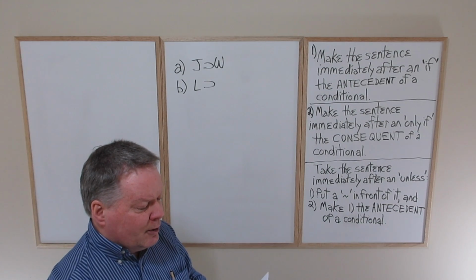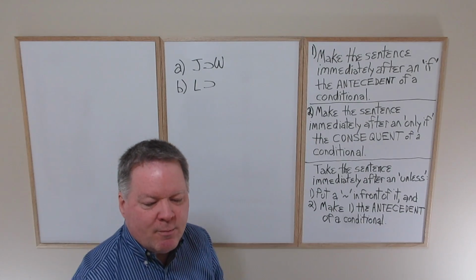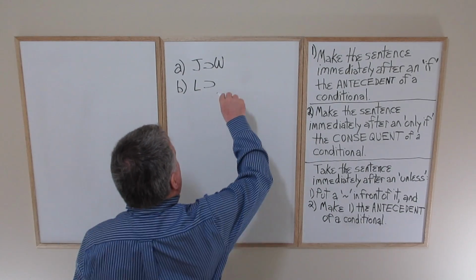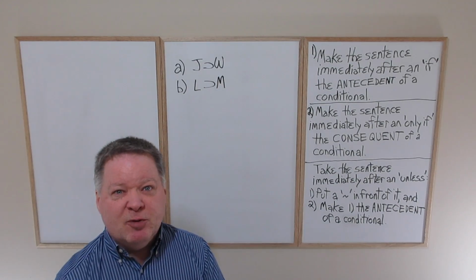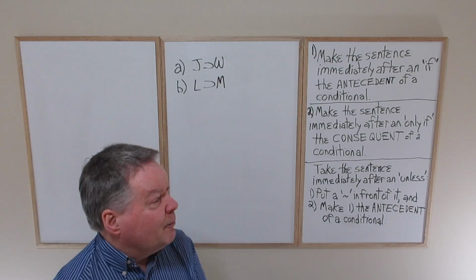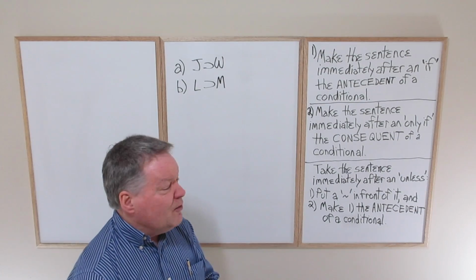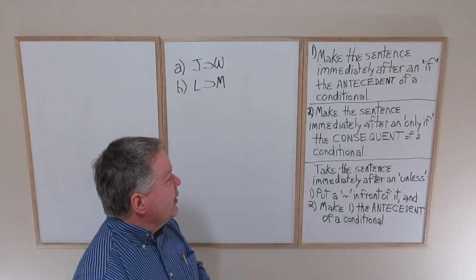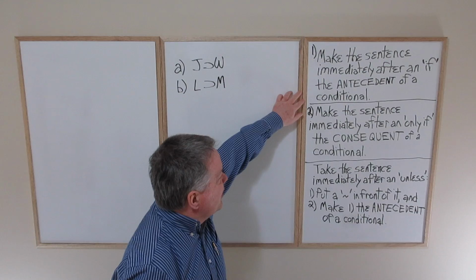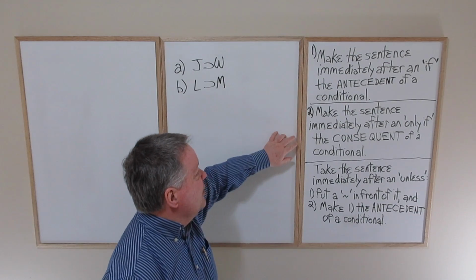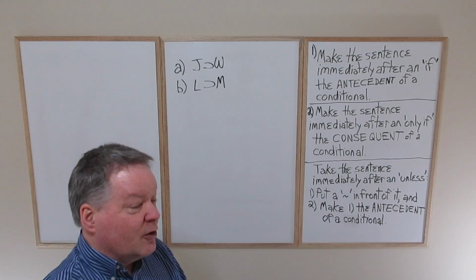The other part, Mary will make supper, which is M, becomes the consequent. So you don't have to worry about which clause comes first. You don't have to worry about where the if or the only if occurs in the sentence. You just have to specify, is it an if? Then what comes after it is the antecedent. If it's an only if, what comes after it is the consequent.